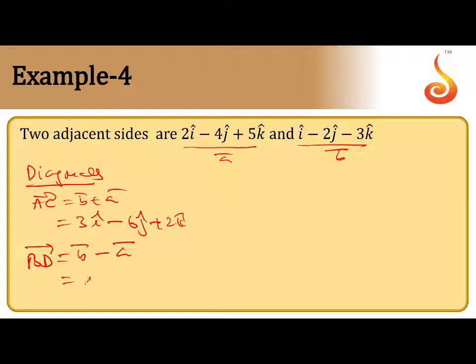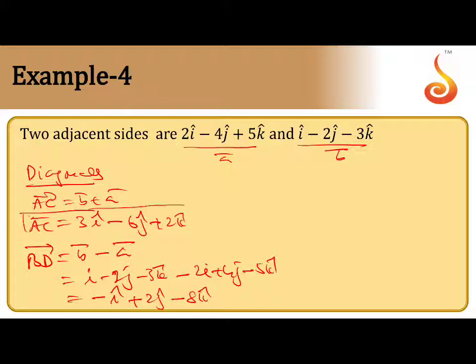Do it slowly. i minus 2j minus 3k, minus of 2i minus 4j plus 5k means minus 2i plus 4j minus 5k. So this will give minus i cap plus 2j cap minus 8k cap. So we got the AC diagonal and we got the BD diagonal. These are the diagonals.